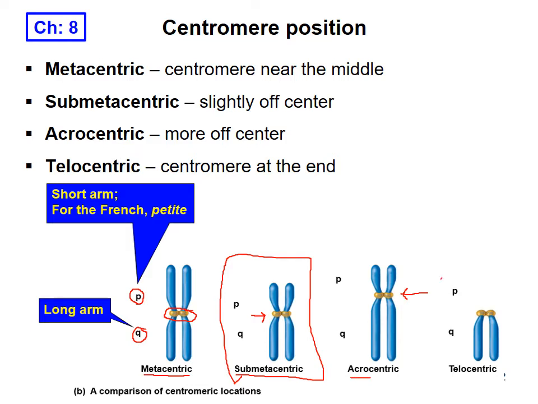And the last one is the most extreme. This is when we have a centromere located all the way at the end of a chromosome, and this is called telocentric. Okay, so we have metacentric in the middle, submetacentric a little bit off, acrocentric favoring one side over the other, and then telocentric actually towards the end of your chromosomes.